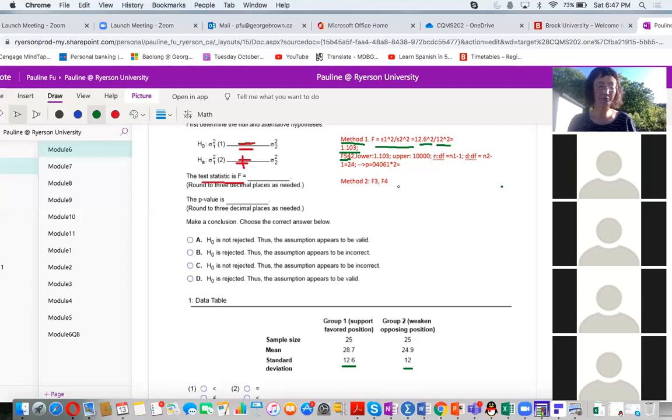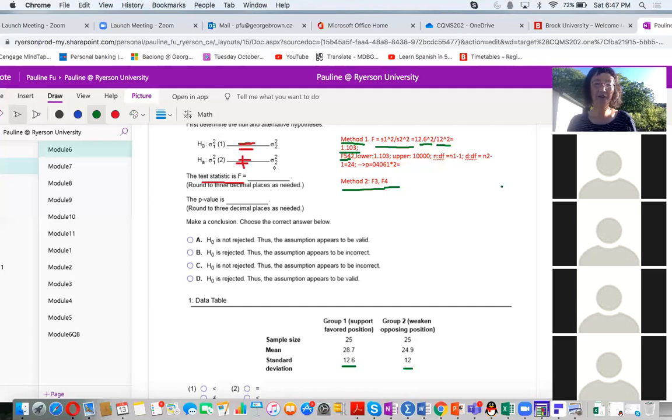Next, method 2. When you have calculator in front of you, you just press F3 test, and then F4, F test, and then data variable, sigma 1 not equal to sigma 2. Remember, calculator is based on H1 perspective. H1 said sigma 1 not equal to sigma 2. So you select not equal.